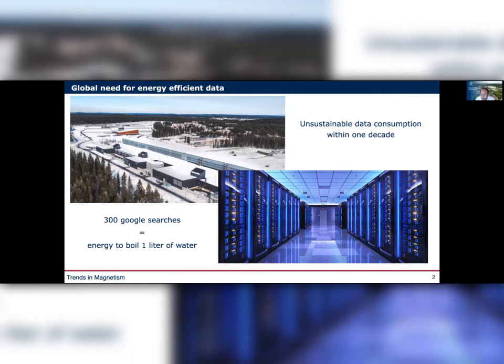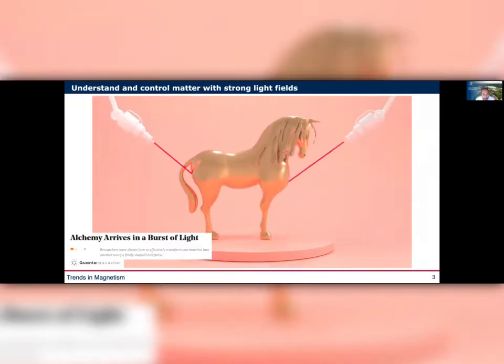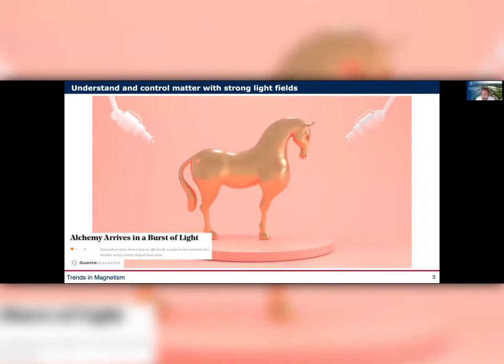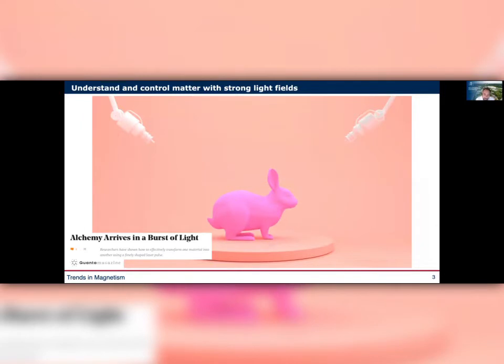So we need to go back to fundamental research and try to see if we can do something new. And one of the things that we do in my group, but of course other people do around the world, is to use light to study and control materials.